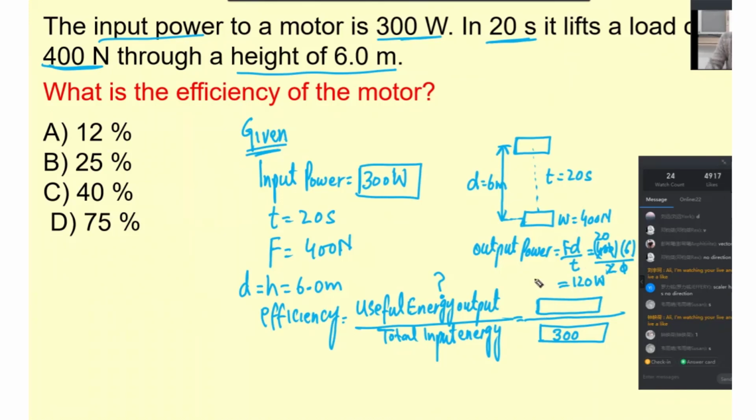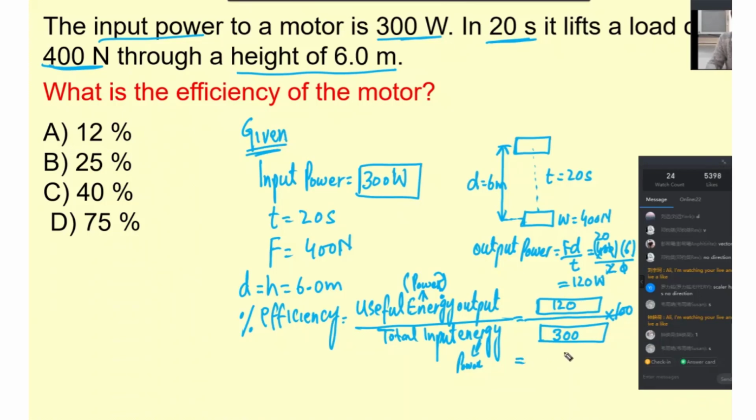One thing you need to understand: this is energy, but you can also write efficiency in terms of power. So here we are using power as well. So you can see here, this is 120 watts. We need to calculate percentage, so we need to multiply the right side with 100.